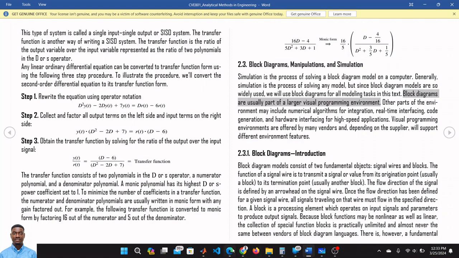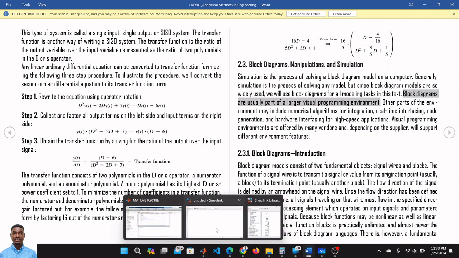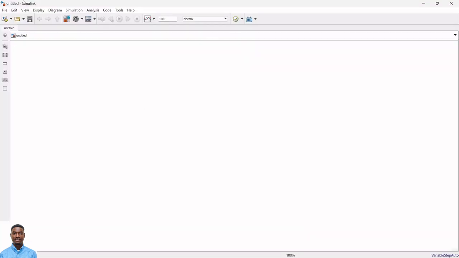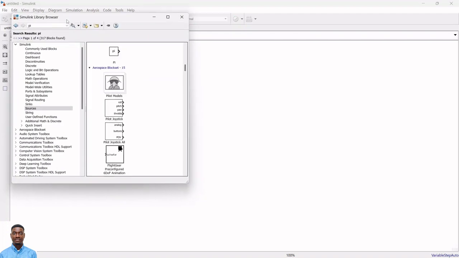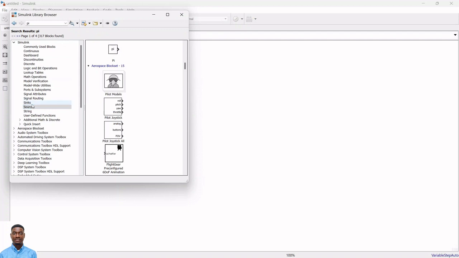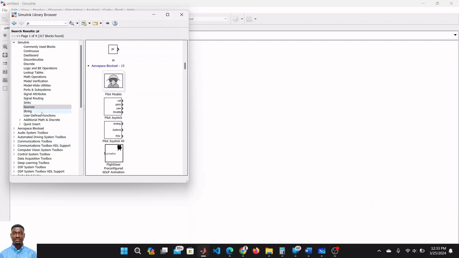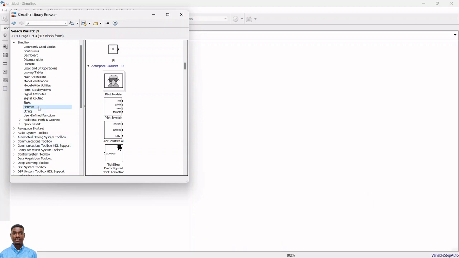For instance, for me, I use MATLAB, and I use Simulink. This is the Simulink environment in MATLAB, so I can model any system from here using any of the libraries. For instance, let me say I just want to model the circumference of a circle that we talked about. All I would know is the circumference, and I just want to obtain the radius.